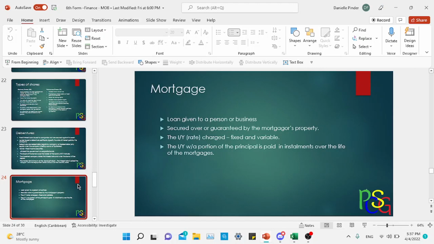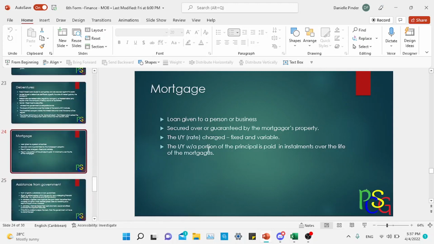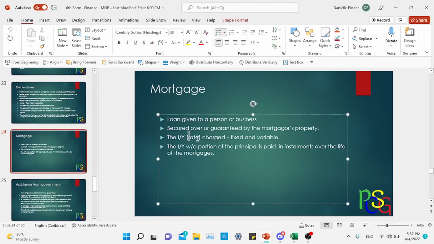But the thing with a mortgage is that you're able to pay back in installments over the life of the mortgage, right? You see here in brackets I have a rate after it. It just means rate.